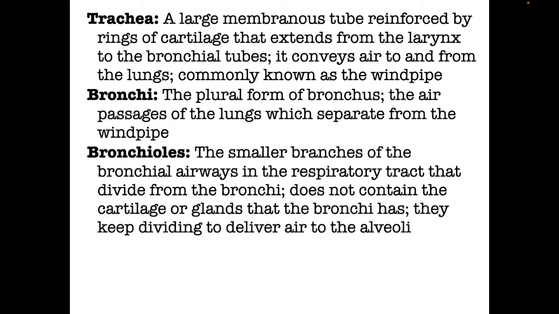The bronchioles are kind of like the tree branches or the roots that separate. These are the smaller branches of the bronchial airways in the respiratory tract that divide from the bronchi. So you have a right bronchus, and then you have all these little bronchioles that branch off of that main tree. Same thing with the left bronchus, you have all these little bronchioles that branch off.